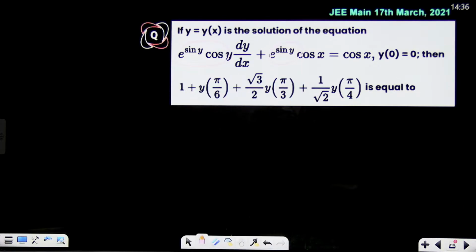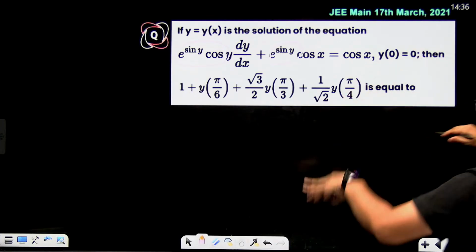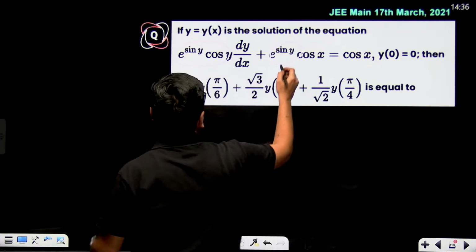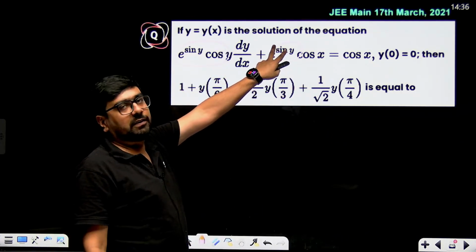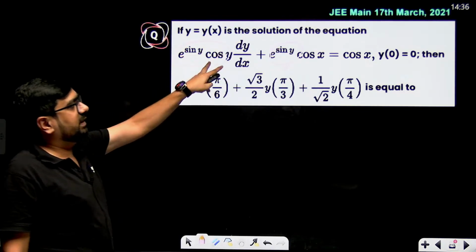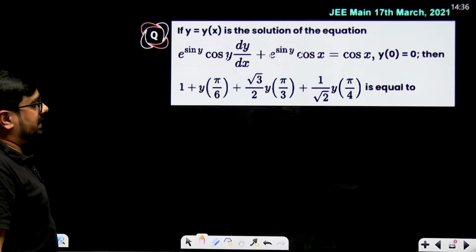So in this case also you can use the linear differential equation concept, but you'll have to catch it very clearly and fast, that the derivative of e to the power sin y is sitting with dy by dx, which is the case over here.